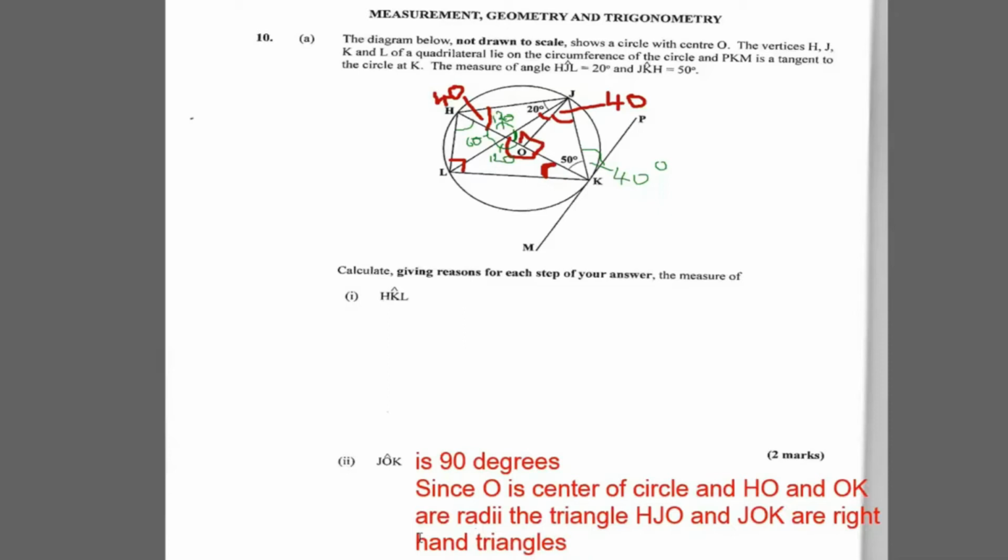Hence, JOK is 90 degrees. That's that reason.